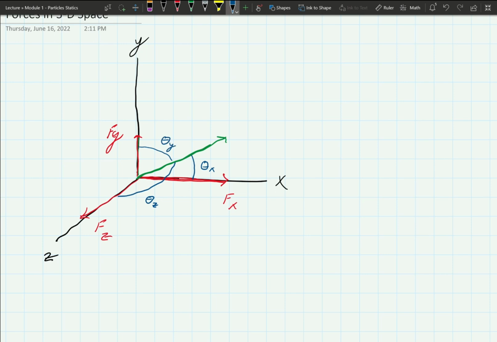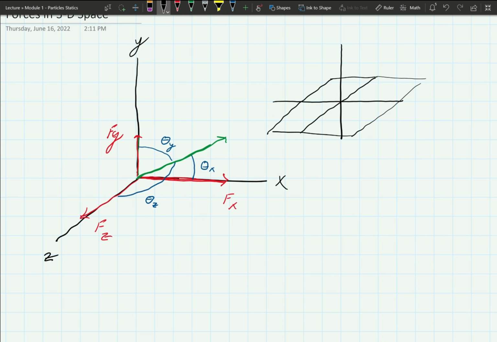Okay, and if I was to plot this, let's see if I can do this where it makes some sense for you. We do this, and we do this, and then we do this, and you think about this as a plane, and then this as a plane, and then the last one.